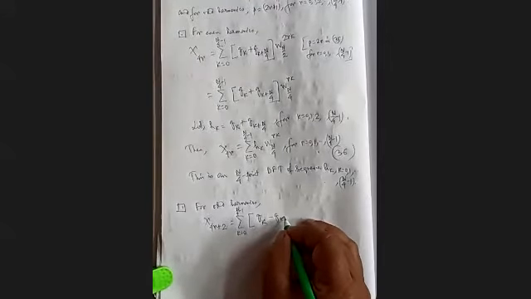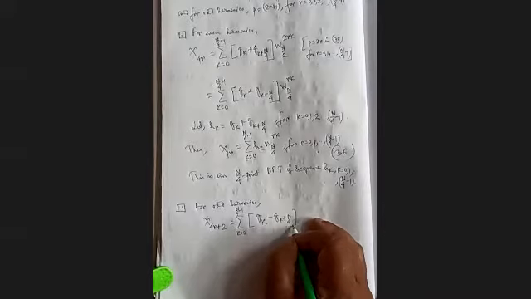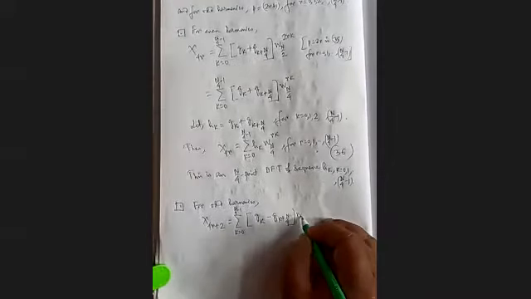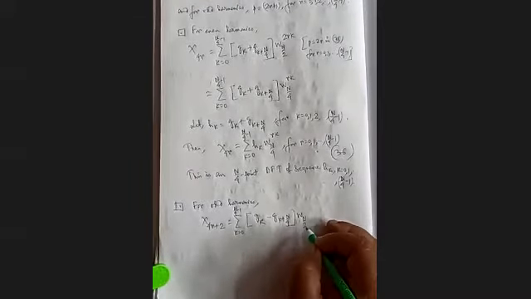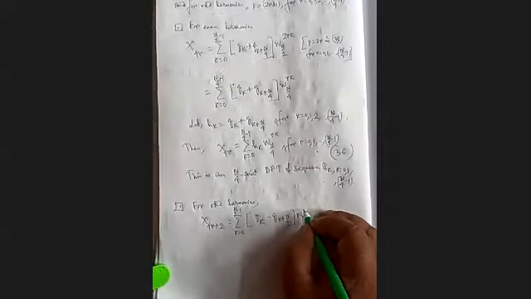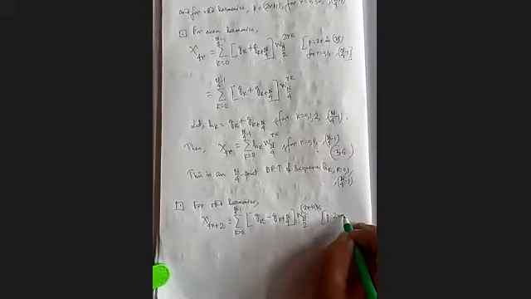So gk plus n by 4, W n by 2 to the power pk. Put in place of p, you put 2r plus 1. So you can write p equal to 2r plus 1 in 35 for r equal to 0, 1, up to n by 4 minus 1.